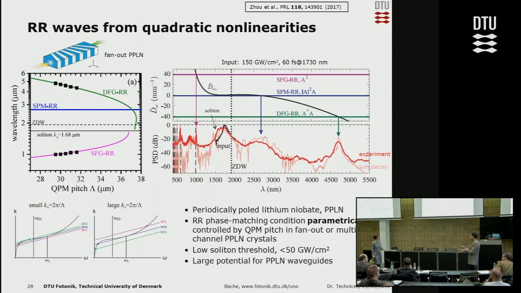But if they come out intrinsically from the waveguide, then you are in business already. So that alone is why the frequency comb community is getting more and more interested in Chi2 waveguides, and also micro-resonators.